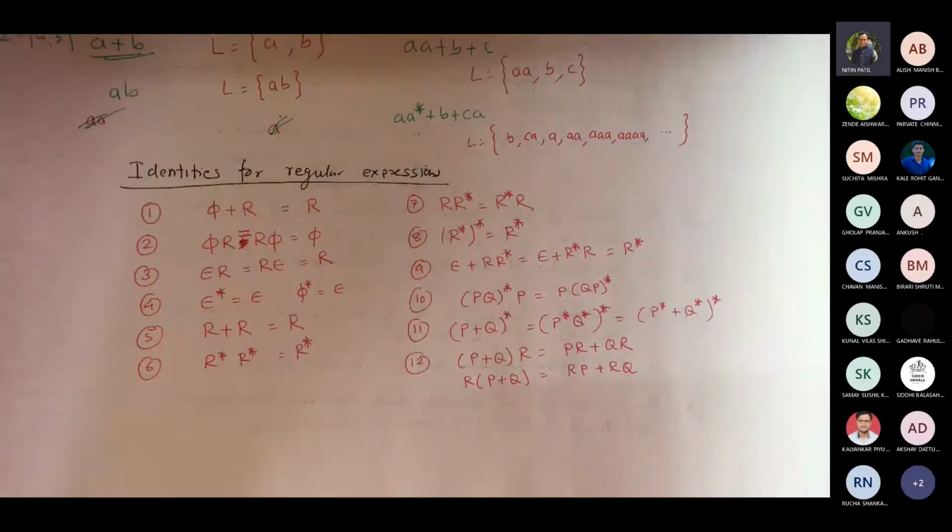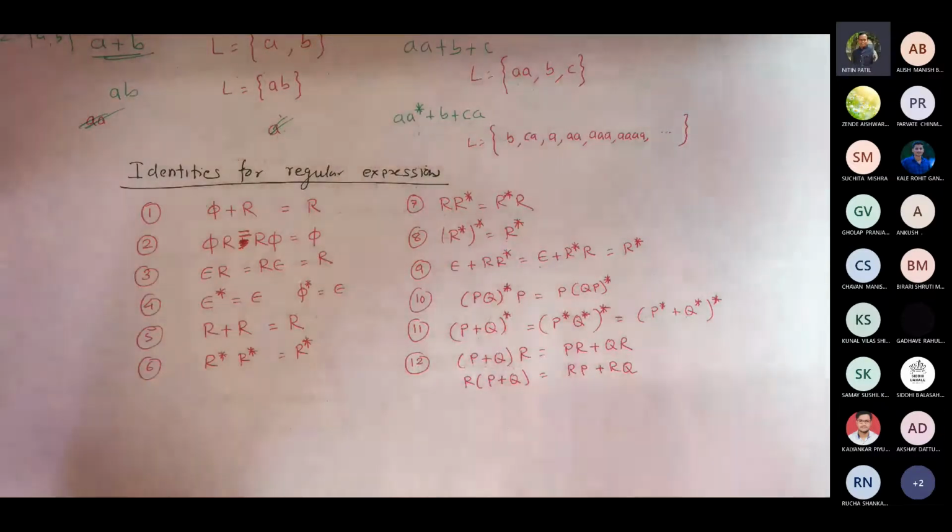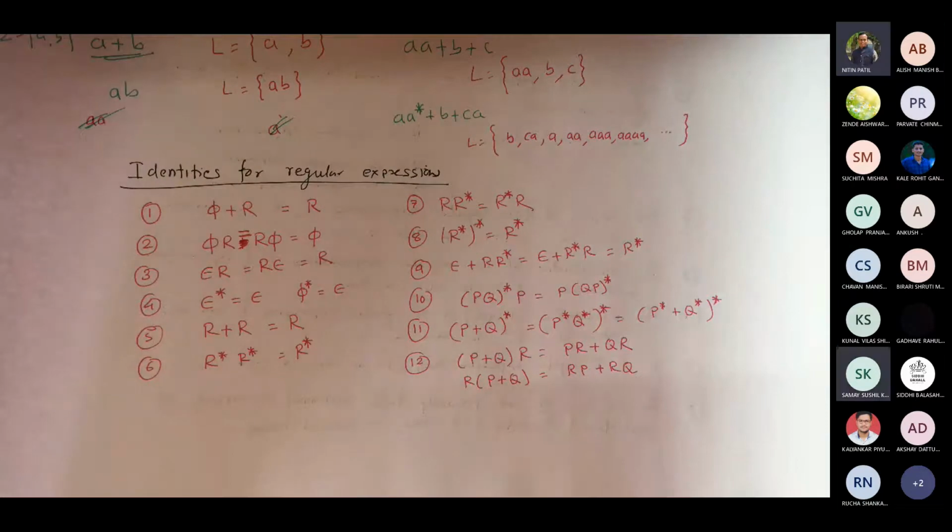Yes, please. Distributive. Sorry, I could not hear you properly. Which rule? Distributive. Okay. Where is associative?